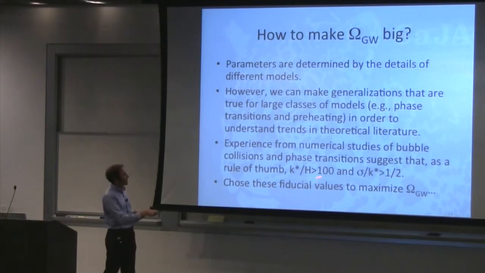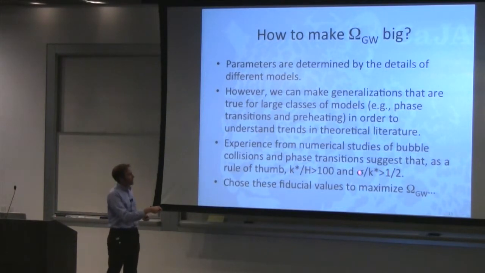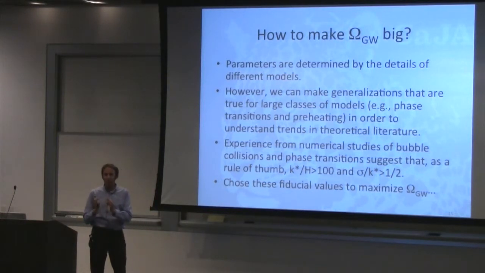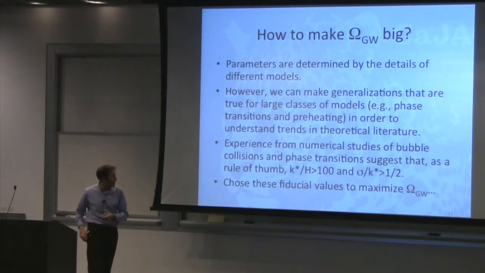It's difficult to get this to be much smaller because of causality. Similarly, sigma over k is chosen from the same numerical studies to be no smaller than 1/2, as this is the numerical value that's seen in many studies, which is the smallest you can make a process in the early universe. It's enforcing the fact that a cosmological process has to have some weight associated with it.